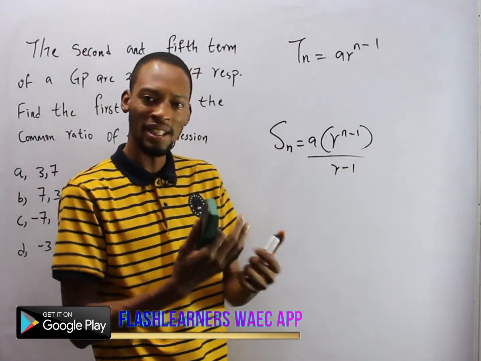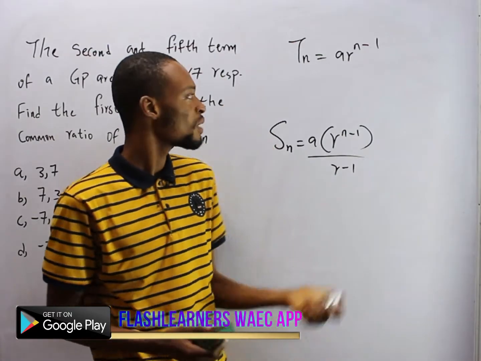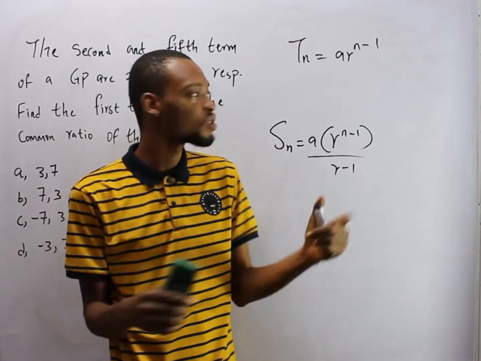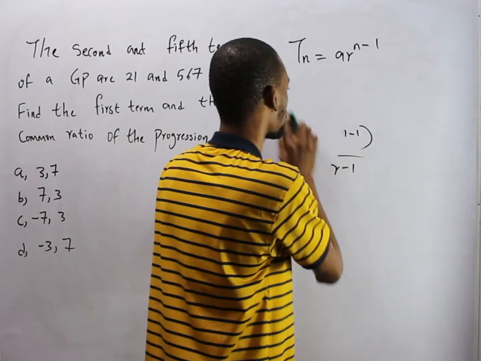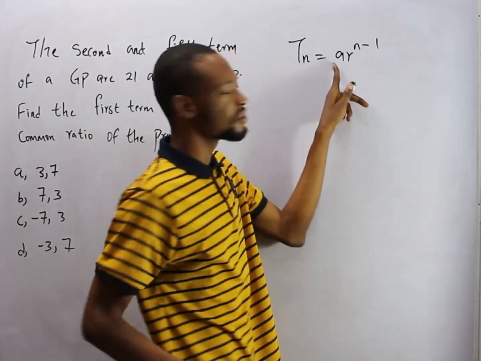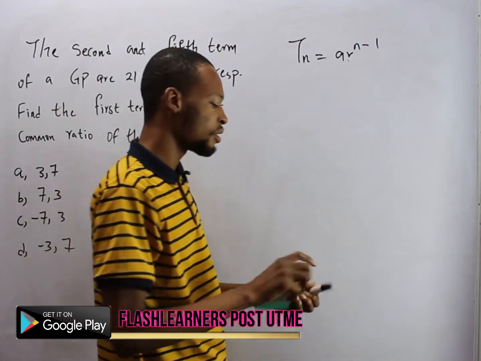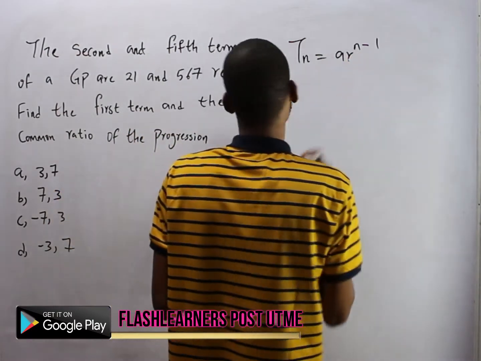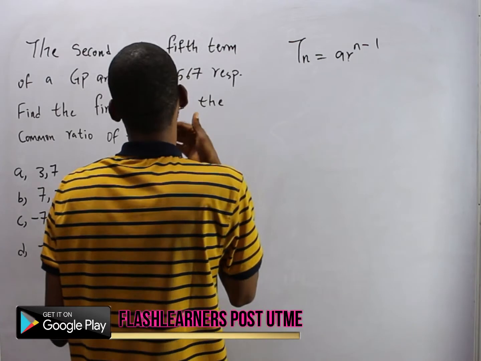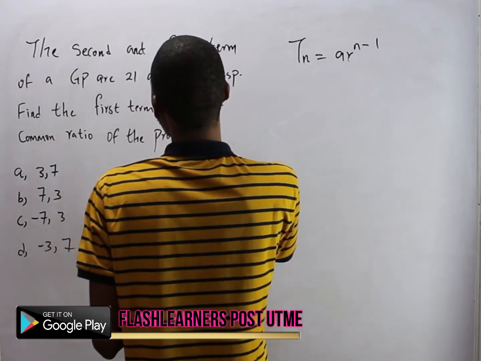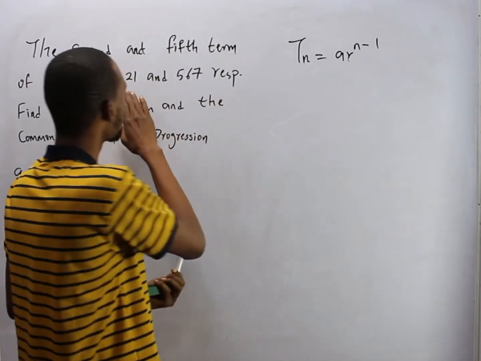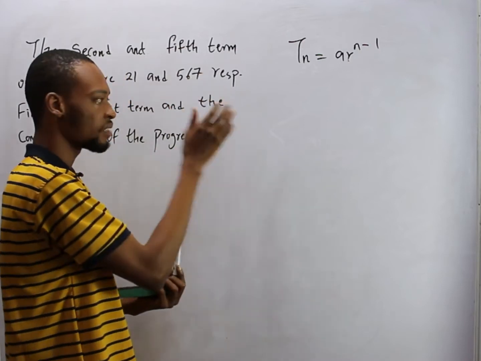But if I say nth term, a particular term, the 20th term, so we are looking for one term, not the sum, we use this formula. So this a is the first term, r is the common ratio, and n is still the term we are looking for.